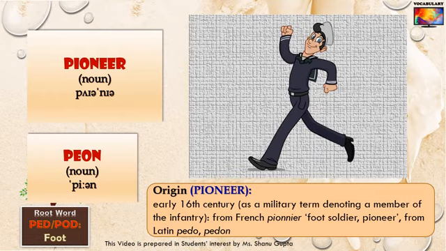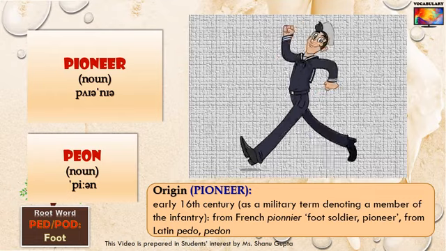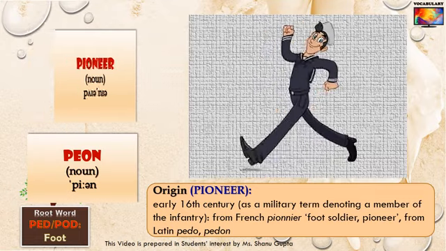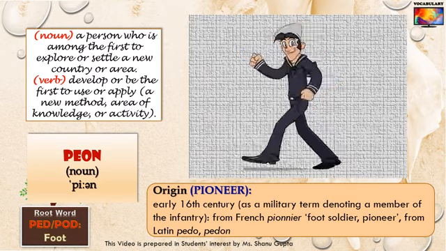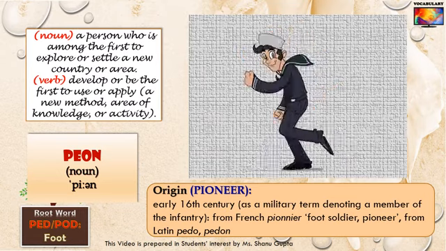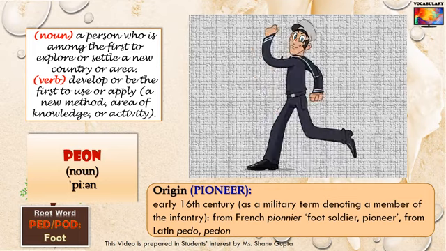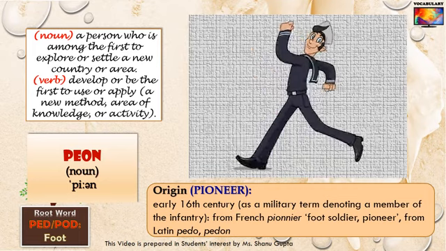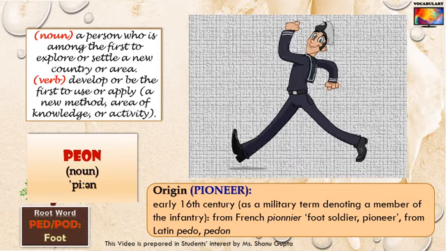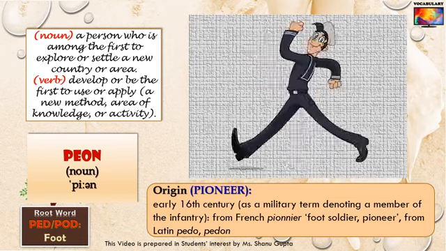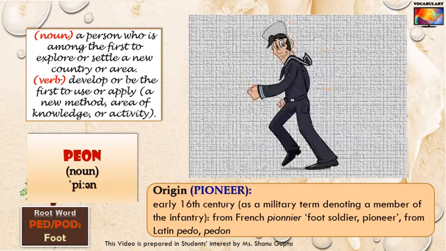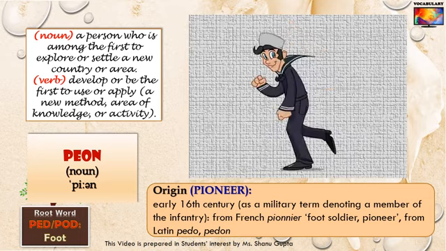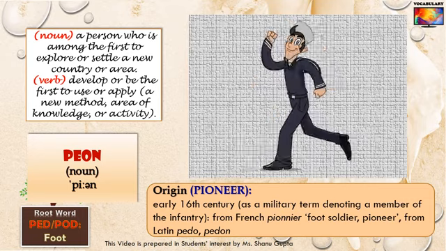In the early 16th century, pioneer was used as a military term denoting a member of the infantry. But now pioneer, as we know it, is the first one to do a particular activity, which may be to explore or settle a new country, area, or even discover or invent something. For instance, C.V. Raman could be called a pioneer in the field of plant physiology.